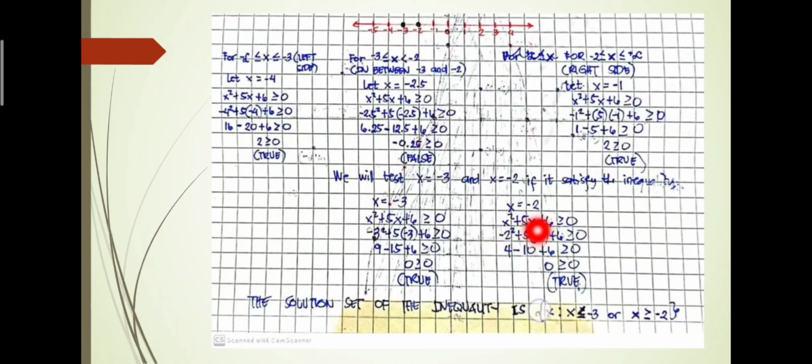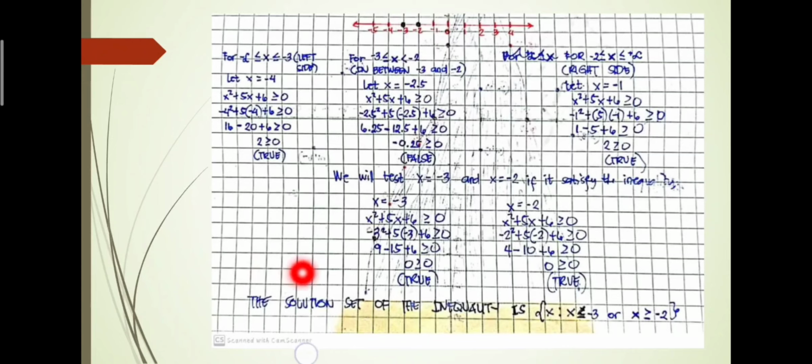So, negative 2 squared is negative 2 times negative 2, which is positive 4. Then, positive 5 times negative 2 is negative 10. That's why minus 10. Plus 6 is greater than or equal to 0. So, 4 minus 10 is negative 6. Plus 6 is 0. So, 0 is greater than or equal to 0. Pasok siya sa equal to. So, this is true. So, therefore, included ang negative 3 and negative 2 sa solution set.